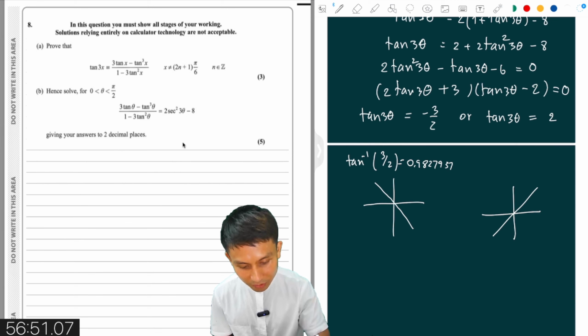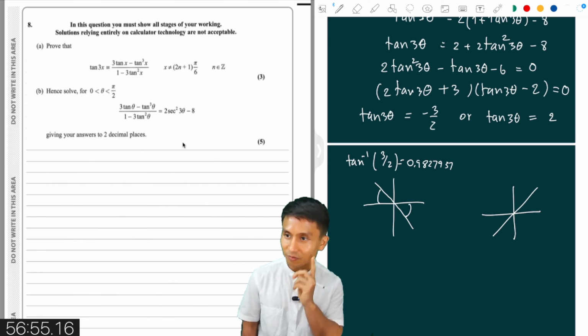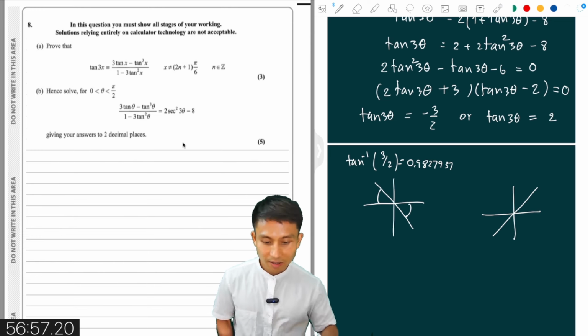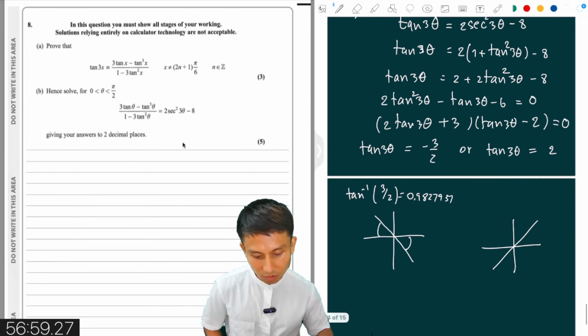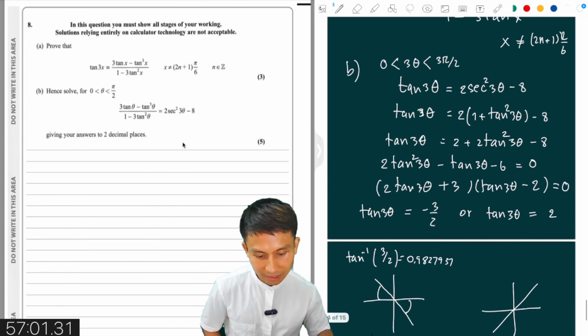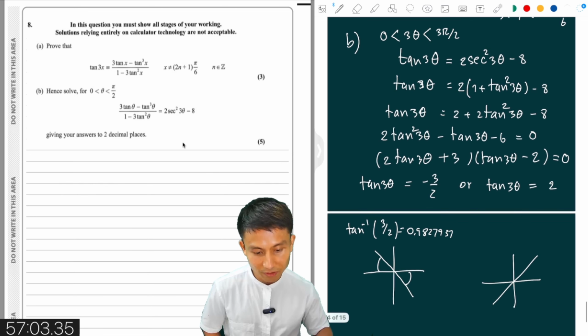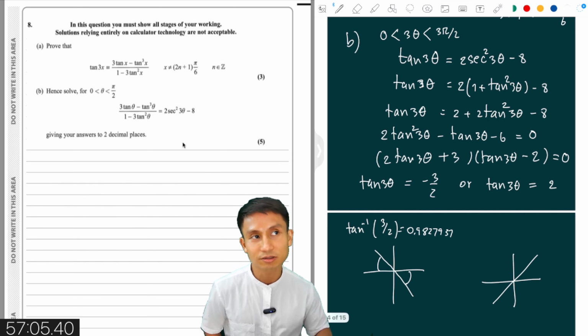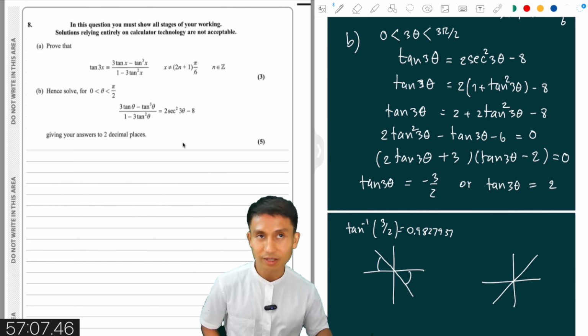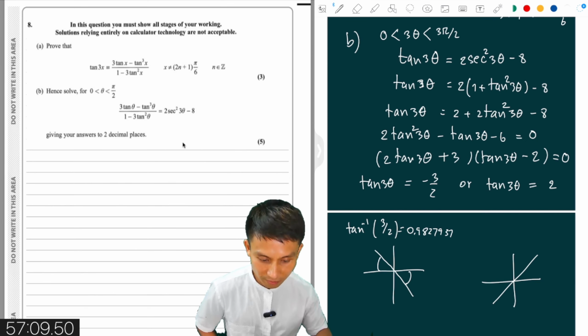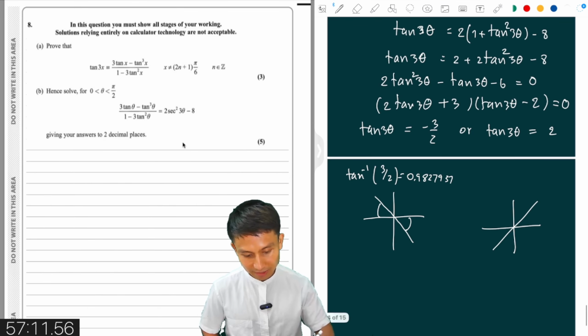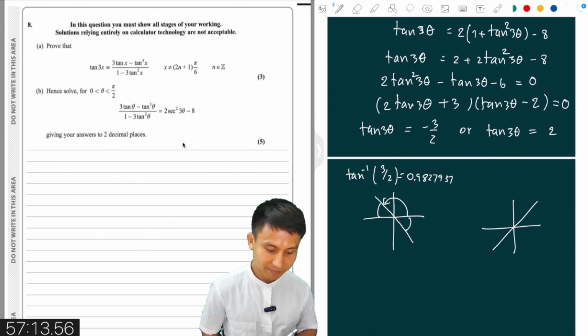Now the basic angle here will be that one and that one, right? So that is the size of the basic angle that I got. But okay, the bounds of 3 theta here is from 0 to 3 pi over 2. So 3 pi over 2 is just about quadrant 3, at the end of quadrant 3, right? So I guess it's just this one here.